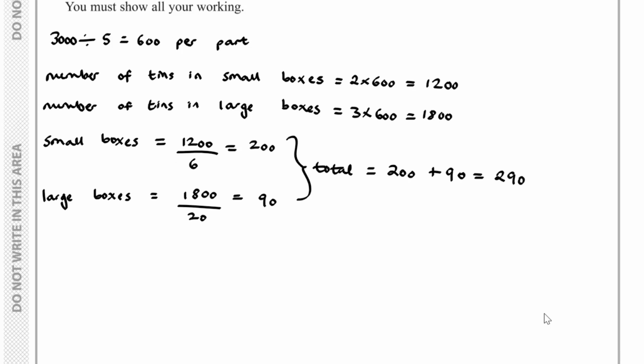So therefore the percentage of boxes filled with tins which are large boxes, we've got here 90 over 290 times 100.